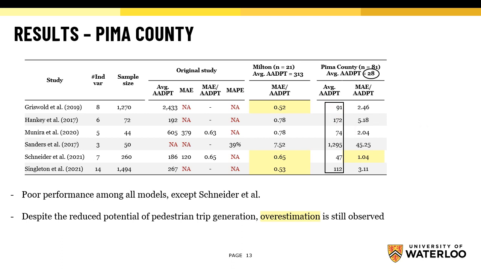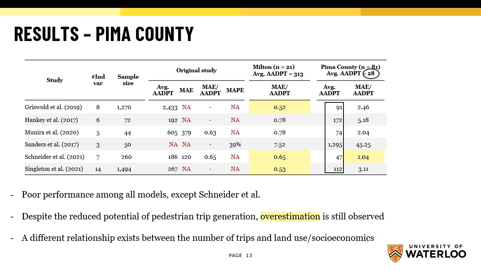We believe that happens because a different relationship exists between the number of trips and the land use and socioeconomics in Pima compared to the other jurisdictions. So basically the model coefficients are probably different in Pima than they are in the original models.